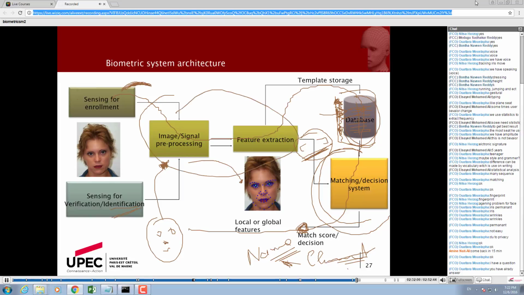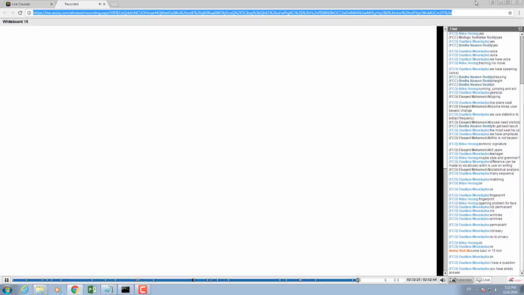Because if you take any biometric scheme, you need this block to take the decisions. If you are comfortable in capturing data using some sensors, in extracting features, in using databases, but you have a problem with classification, your system will not work.